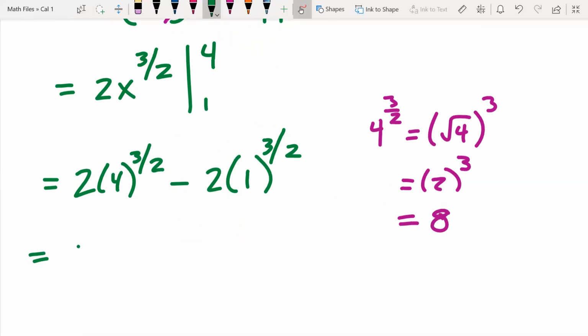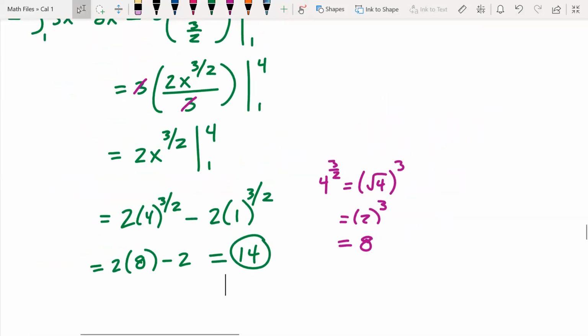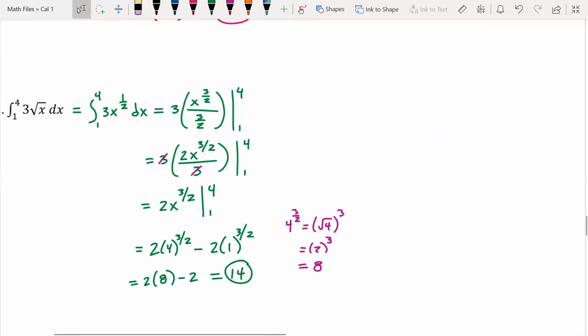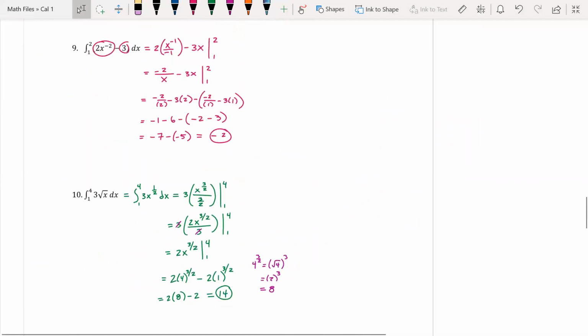Okay, so well, that's just that, right? So that's going to be 2 times 8 minus 2. So 16 minus 2, we get 14. Perfect. All right. Everybody good with those two?